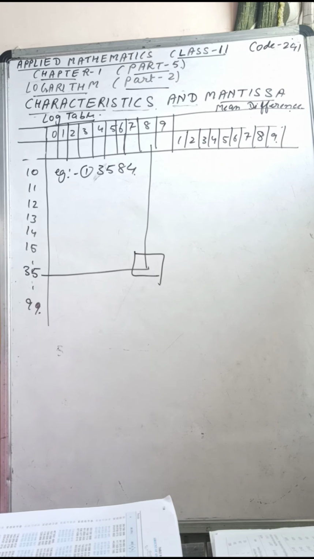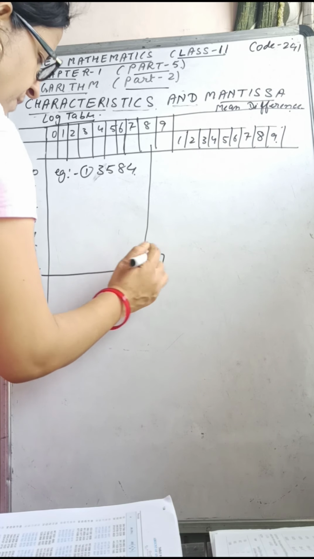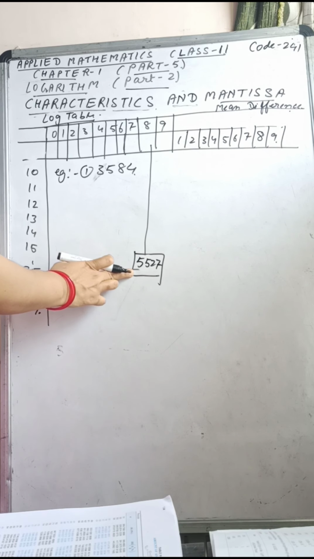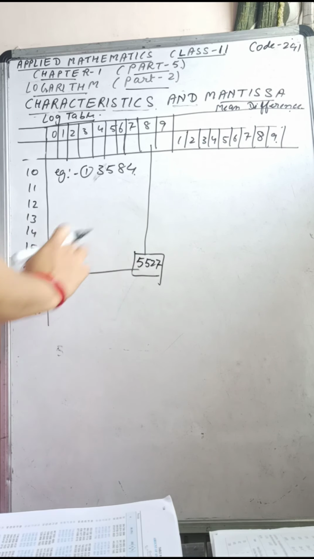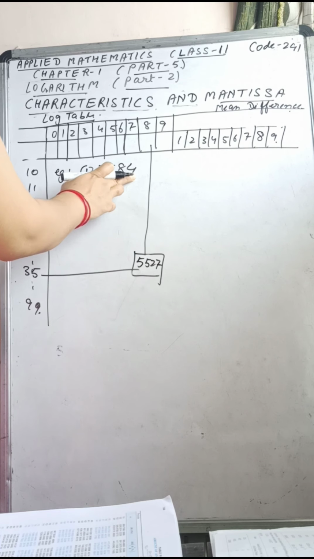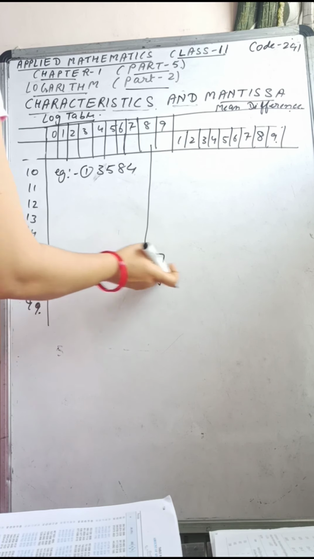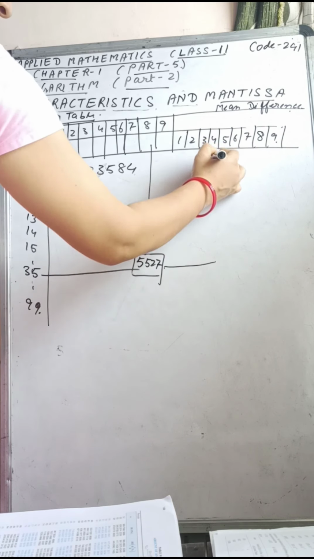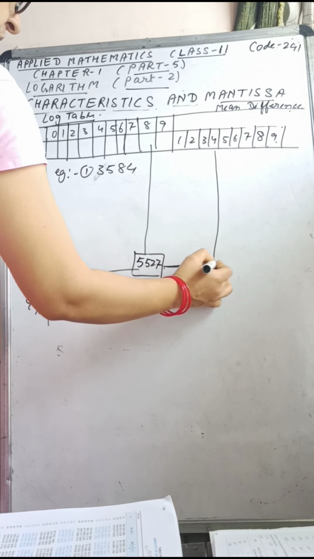So I am seeing the book. You people will also see that under row 35, in column 8, it is 5527. So in row 35 and column 8 it is 5527. Now I will go to the mean difference column in this same row.